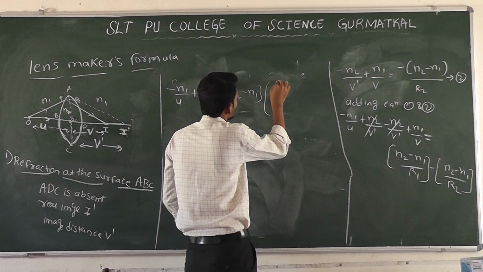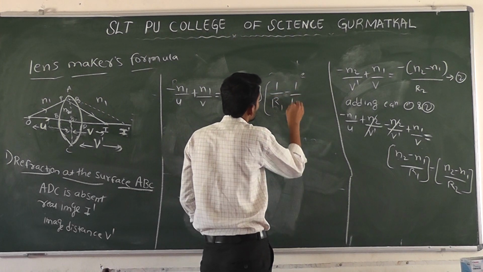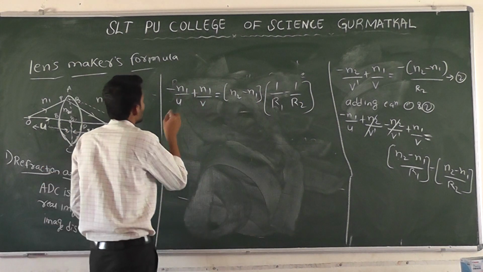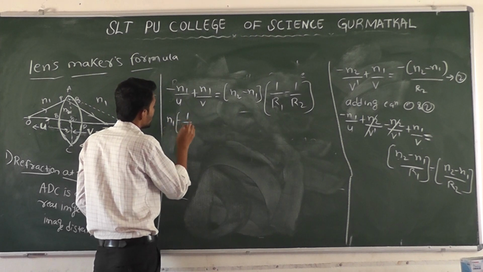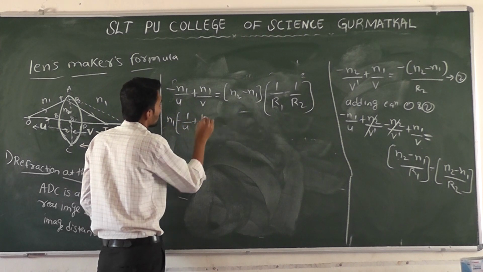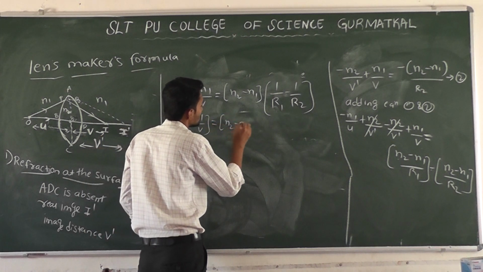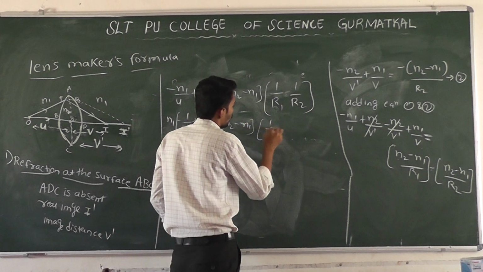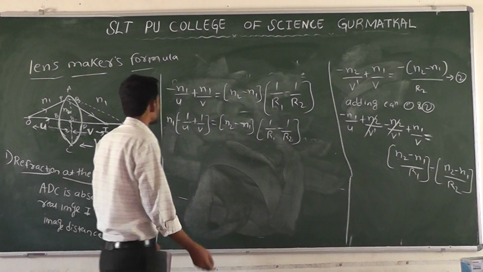Next, what is remaining? 1 by R1 minus 1 by R2. Next, we take the n1 term common on the left: n1 times minus 1 by u plus 1 by v. Next, n2 minus n1, 1 by R1 minus 1 by R2.